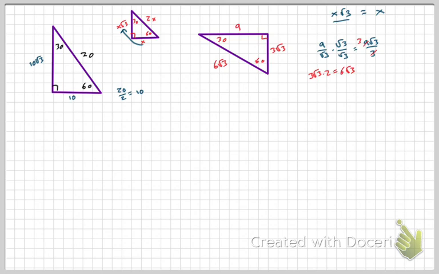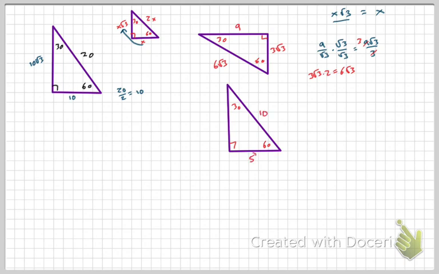So guys, there's 3 variations of this one. You can either be given the 60 leg, the 30 leg, or the hypotenuse, right? And so if I'm given my 60 leg, I just multiply by 2 to get my hypotenuse. I multiply by rad 3 to get my 30 leg. If I'm given my hypotenuse, I divide by 2 to get my 60 leg.